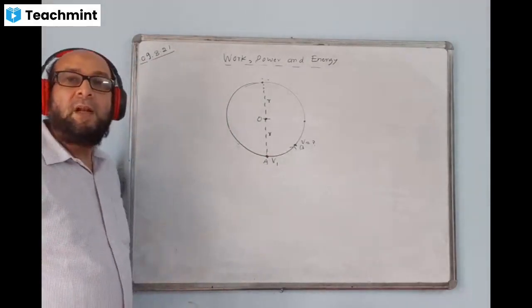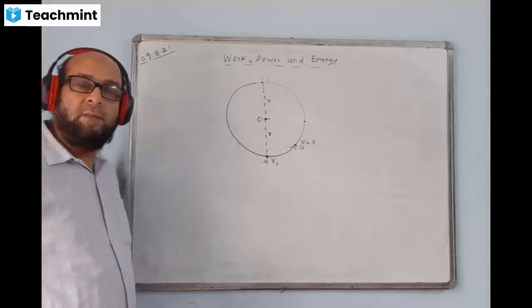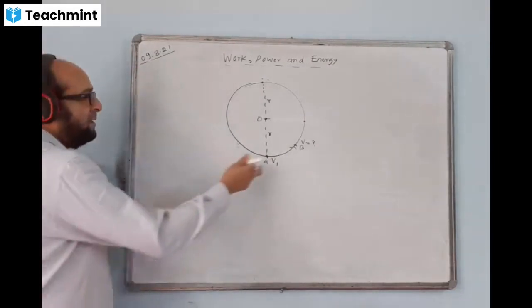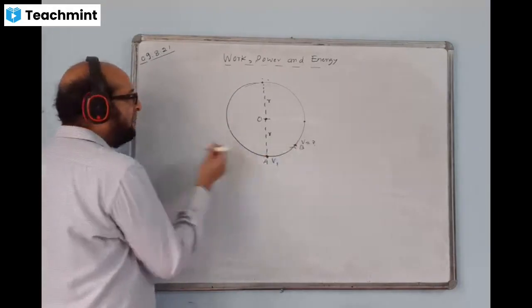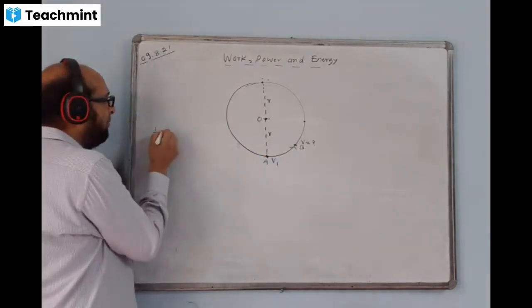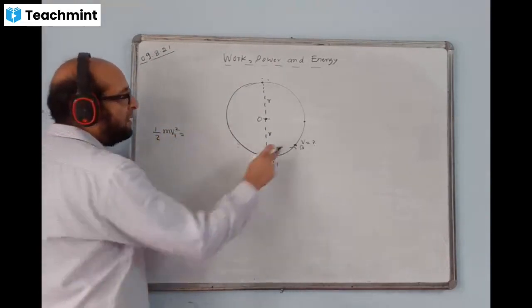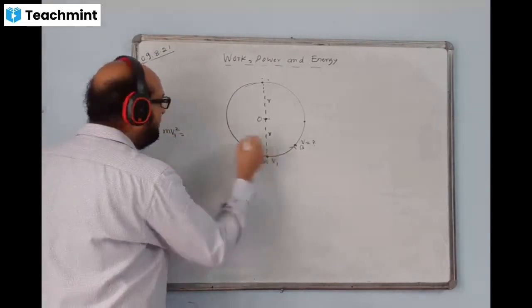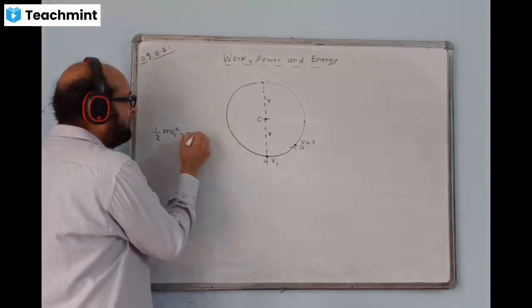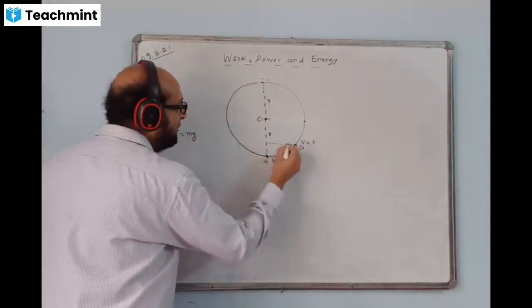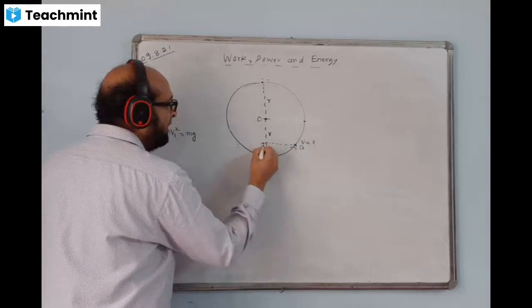Sir, same method, I think. Same method. I'll make the energy equal. Energy here and energy here is equal. Energy at this point will be half m v1 square. Energy at the other point will be potential energy, the formula mg times the height. This height I'll take as x.